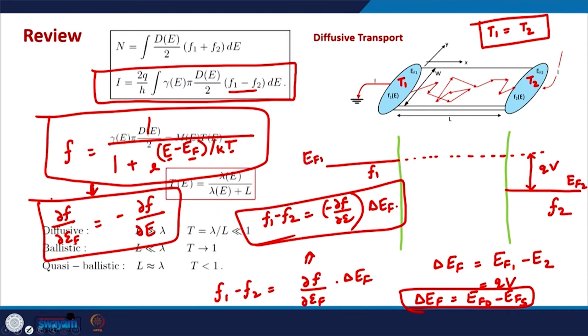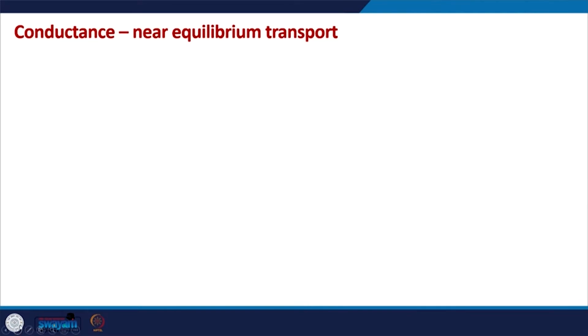If we do that, I is equal to 2q by h times Te times Me times F1 minus F2 dE.